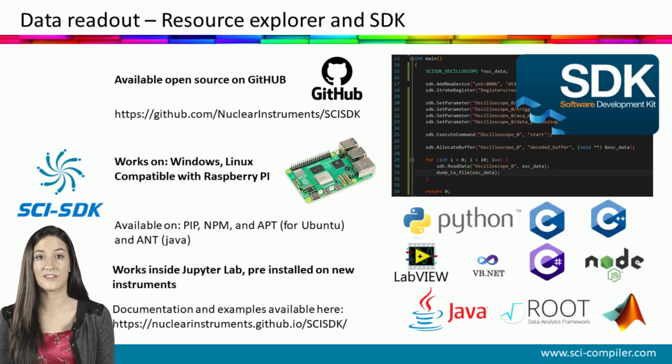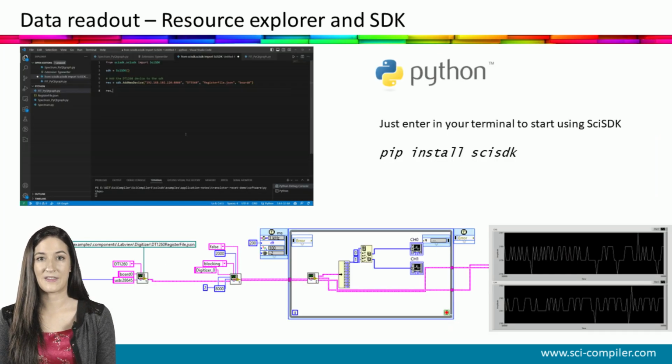The library's versatility is highlighted by its compatibility with a plethora of programming languages and environments, including Python, C, C++, C#, VB.NET, and LabVIEW. The library provides a simple interface to access any firmware element, like registers, oscilloscopes, and lists using a common interface for all SciCompiler supported boards.